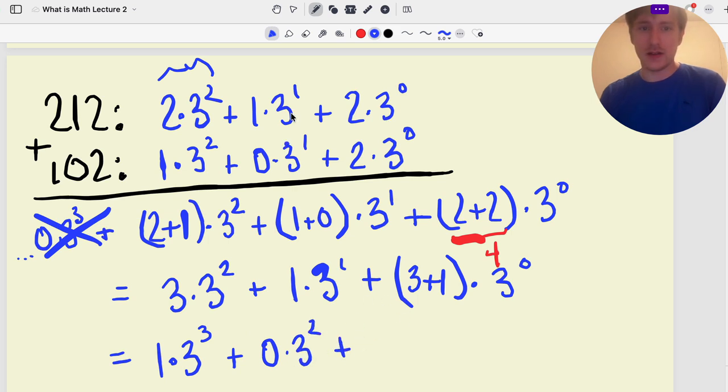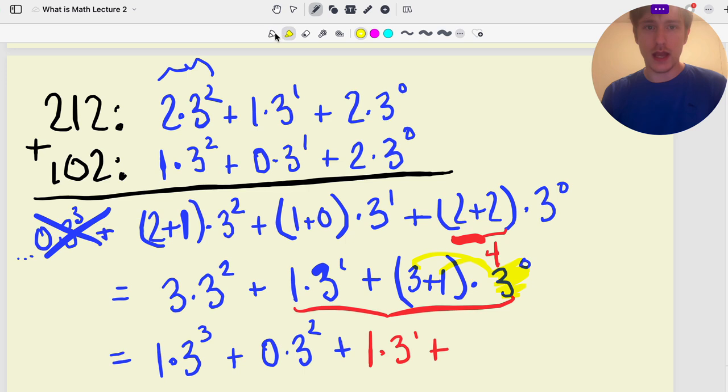And then I have this situation, okay, where this is going to be 1 copy of 3 to the first. And then after I use the distributive law, this 3 to the 0 is going to distribute to both of these terms. So what I'm going to end up with is 3 to the 0 plus 1 copy of 3 to the 0.